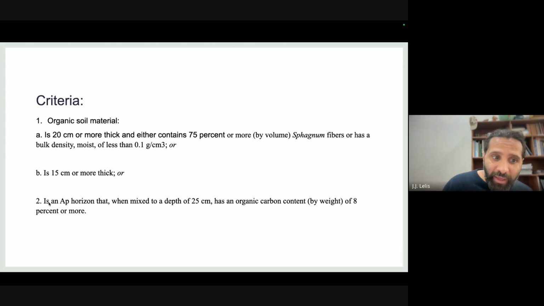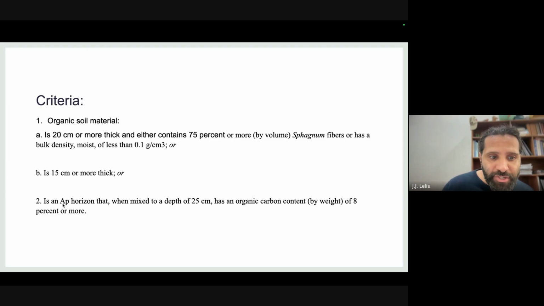Or the last option is that I register an AP horizon. What is an A horizon? A horizon at the surface with dark colors, and we know that the letter P expresses some agriculture, like mixture of material and addition of fertilizers.